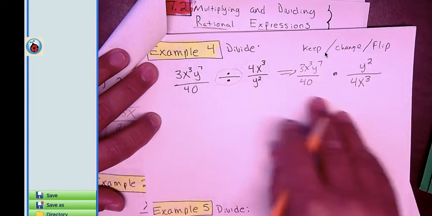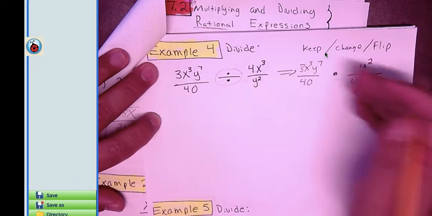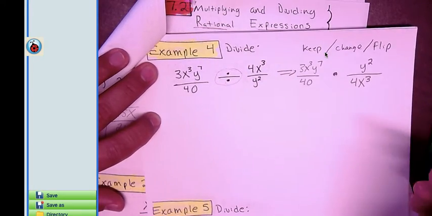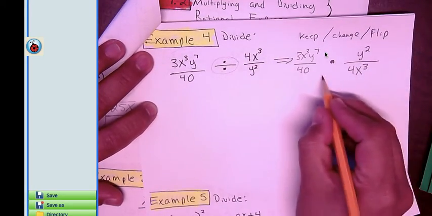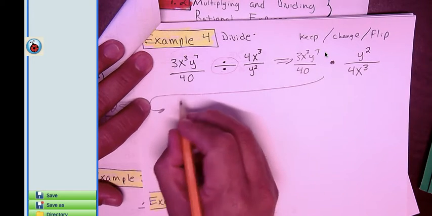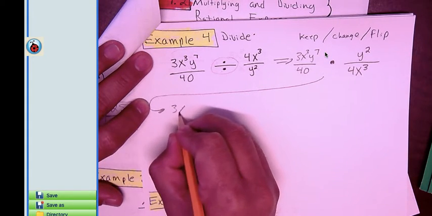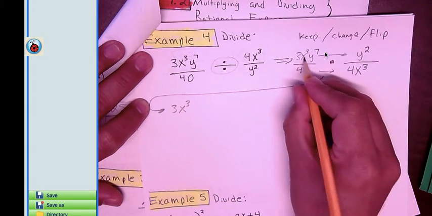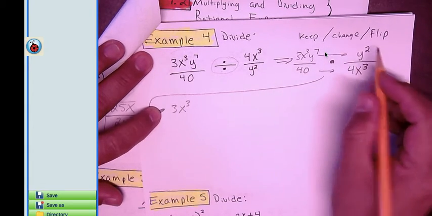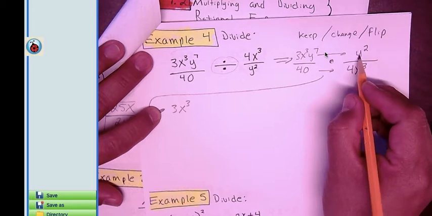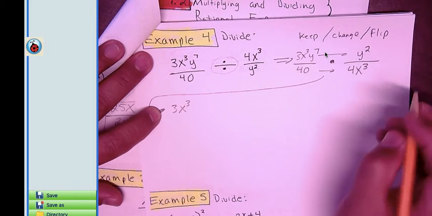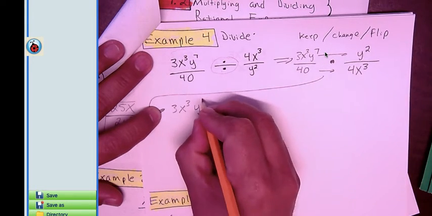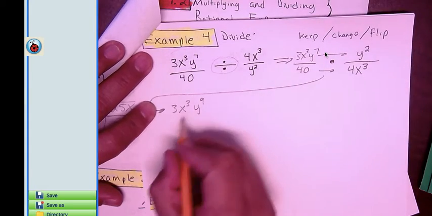So now we can start thinking about what we can simplify diagonally or vertically. But let's put everything together first. Let's see how that looks. So 3x cubed, I'm multiplying across like that. 3x cubed, there's nothing here to combine it with. And then y to the 7th times y to the second power, that would be y to the 9th, right? You add 7 and 2 to get 9.